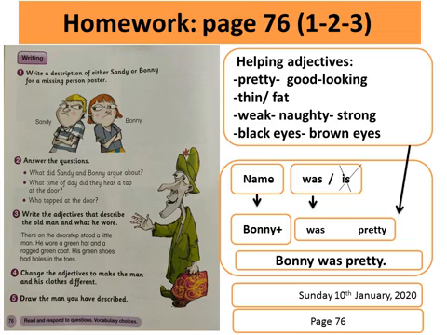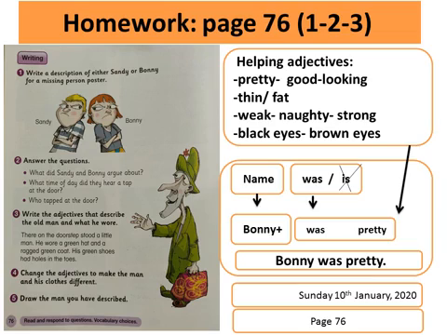The next two adjectives, we have thin and fat. What do you think? Bonnie, is she thin or fat? Very good, she is thin. So start again with the name, Bonnie, and then was or is. We will use was because this is a story in the past, and then we will say thin. So Bonnie was thin. Look again at Bonnie and choose from the third line, weak, naughty or strong. Maybe we can say she's naughty, she makes noise.